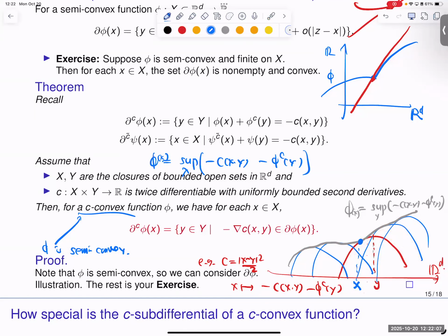Let me draw it again. So you have phi here, and at that point, let's say X, you may have this supporting function, but you also may have some other supporting function.